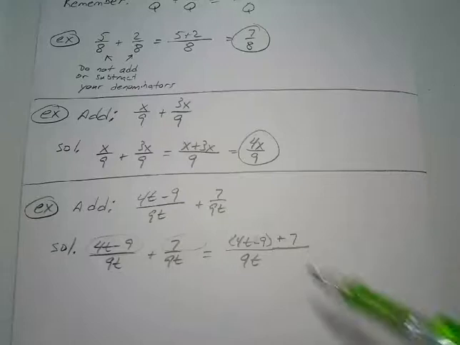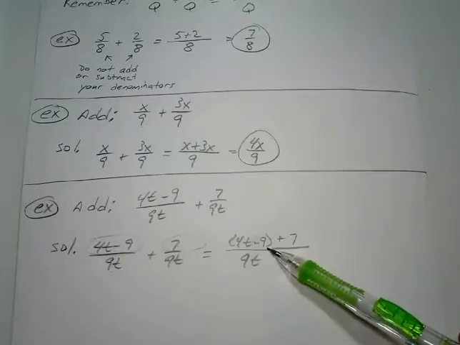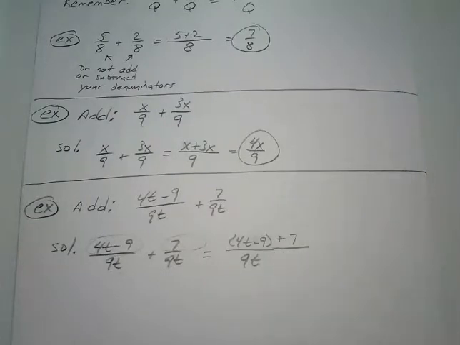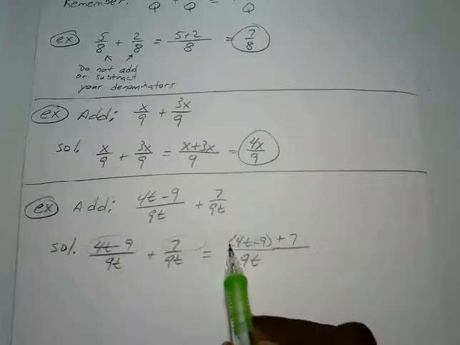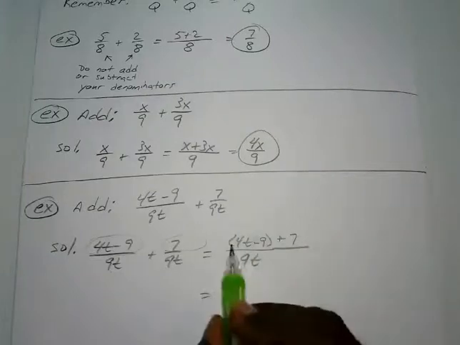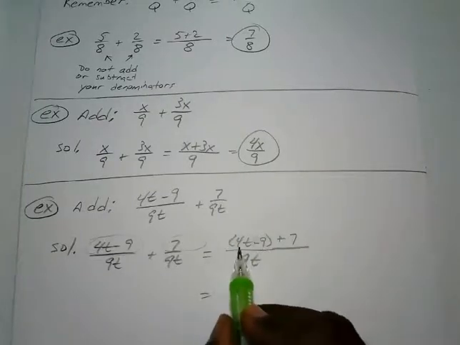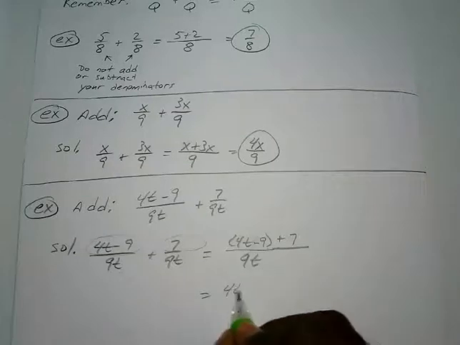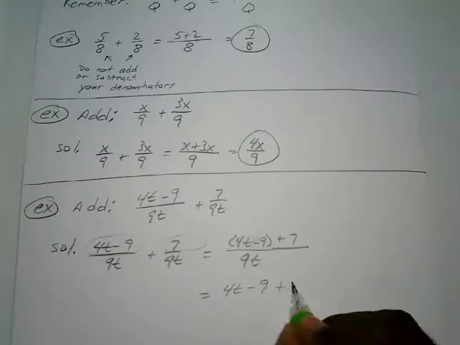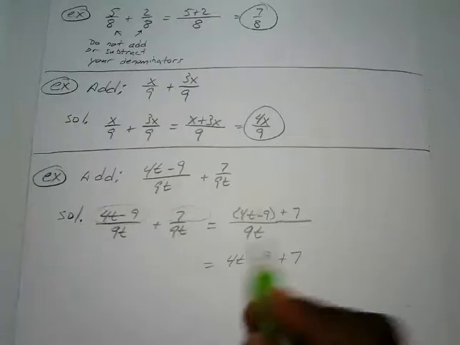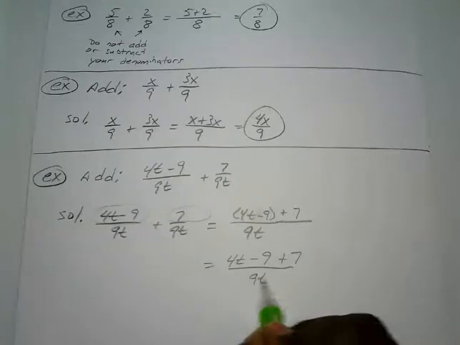So I suggest you use parentheses for both just to get into a very good habit. Now since this is positive, you can drop the parentheses there. So you have 4t minus 9 plus 7 all over 9t.